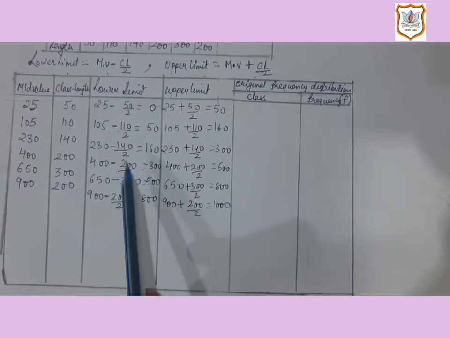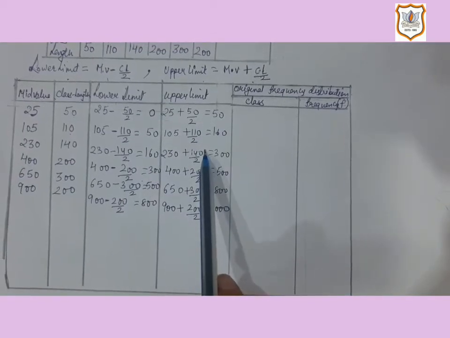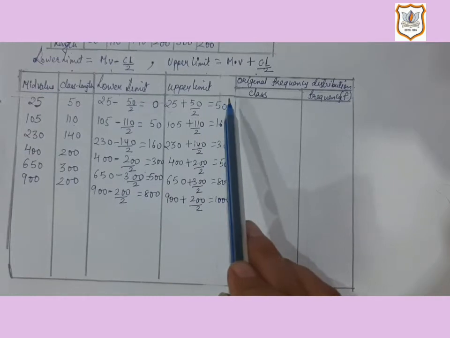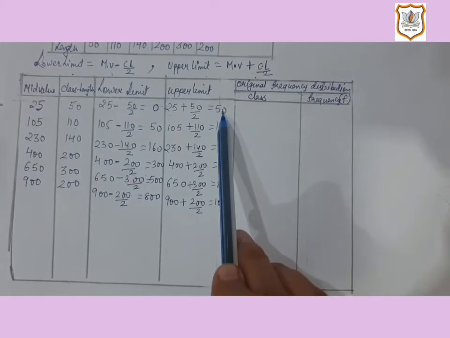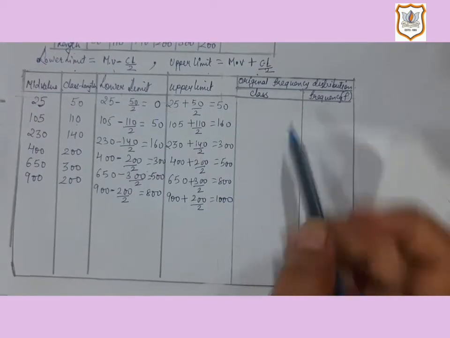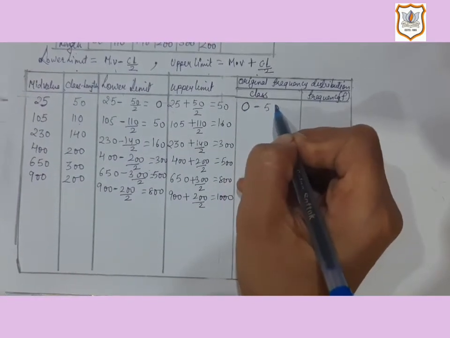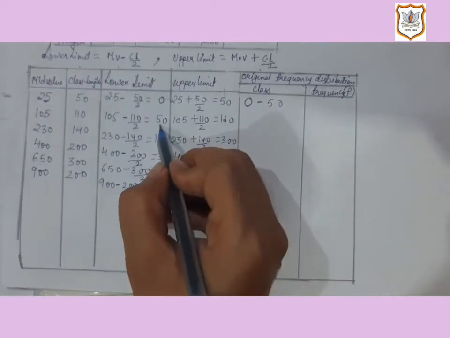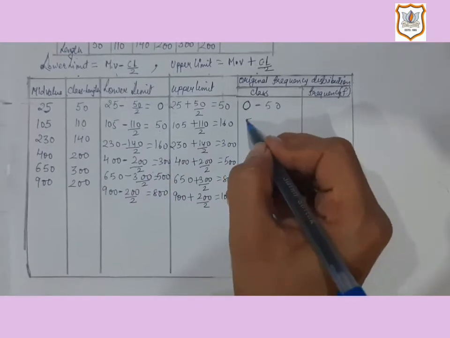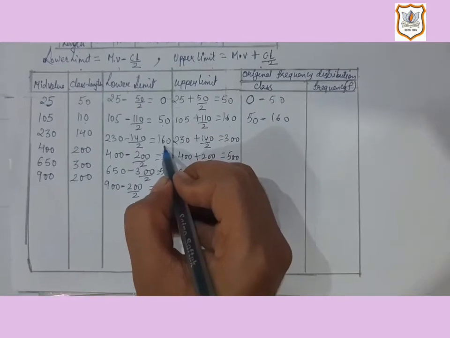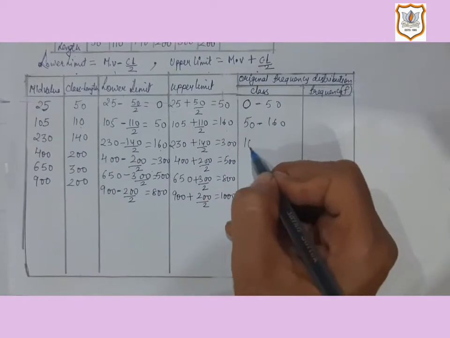So after finding the lower limit and upper limit, we will get the class. Lower limit is 0 and upper limit is 50. So the initial class is 0 to 50. We are going to write here in this column 0 to 50. Next class is 50 to 160. Third class is 160 to 300.